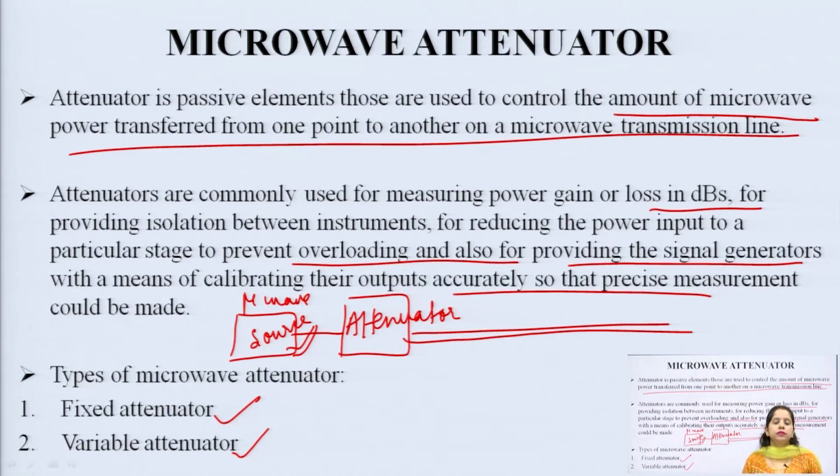To remove this problem, the variable attenuator comes into existence. If we want to reduce the power by 1 dB, we can adjust accordingly, and if we want to reduce the power by 4 dB, 5 dB or further, we can adjust accordingly. This is basically our microwave variable attenuator.